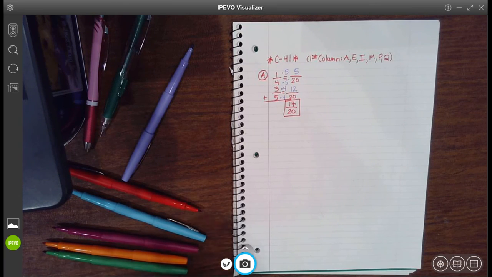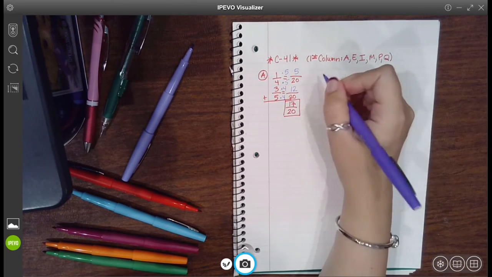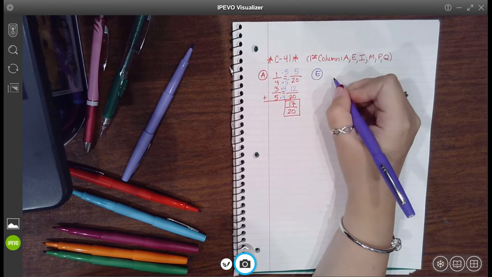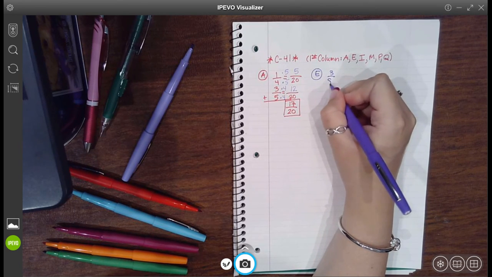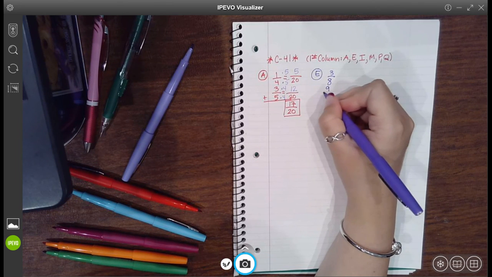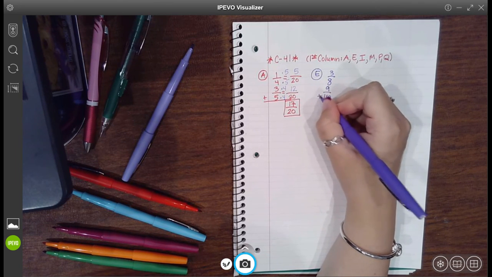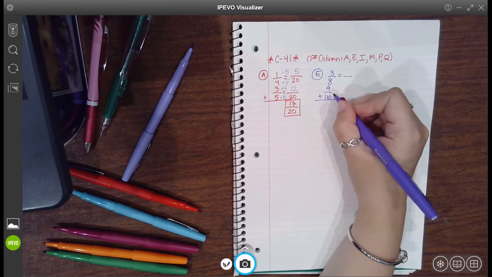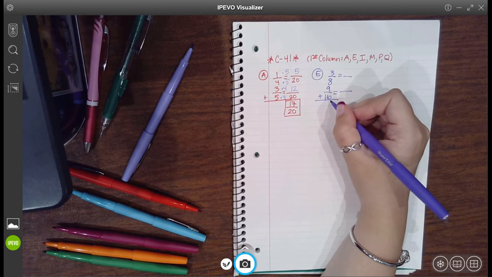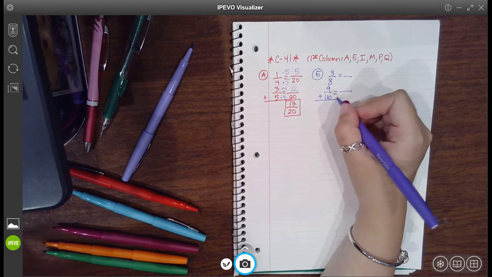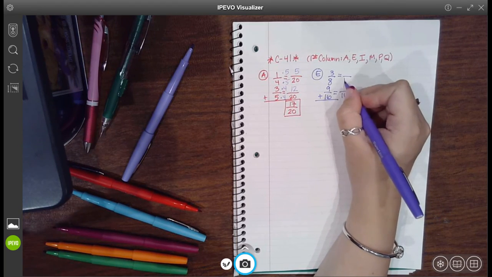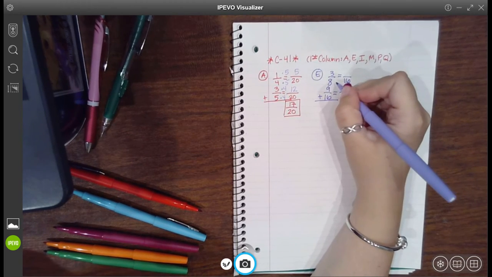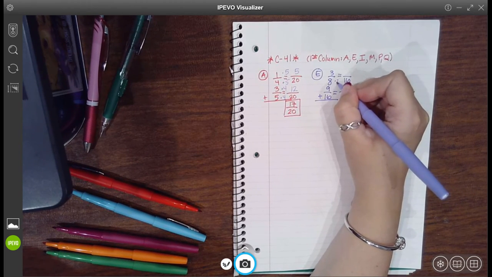For the next one, I want us to try E, I said. Okay, E is 3/8 and 9/16. Think to yourself, what can 8 and 16 both become? Look at the bigger number, 16. Can 8 become 16? It sure can. So that's my common denominator. 8 times what is 16? 2.